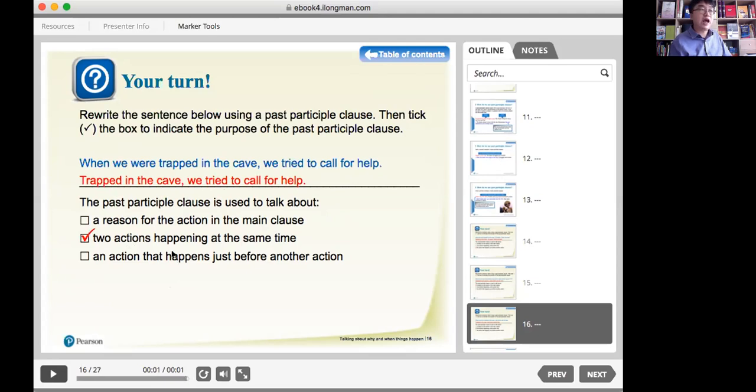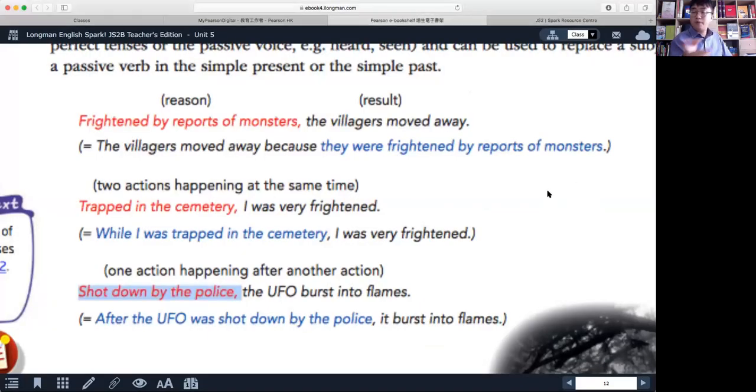Two actions happening at the same time. Okay? So I hope you have got all the answers correct. If you need more practice, this is a must.